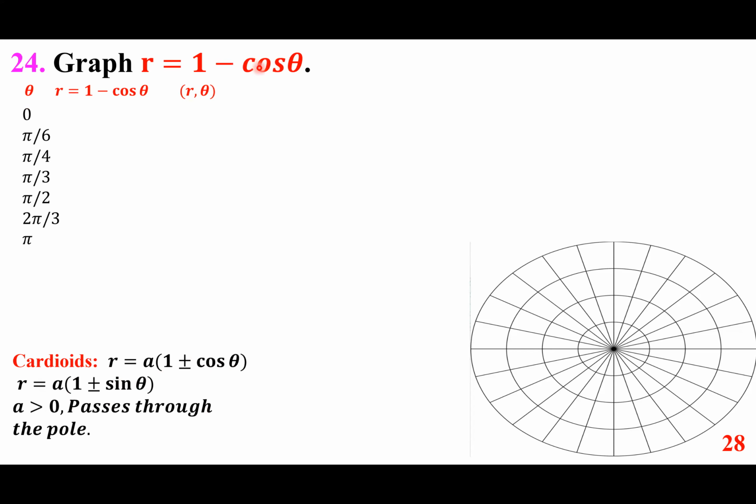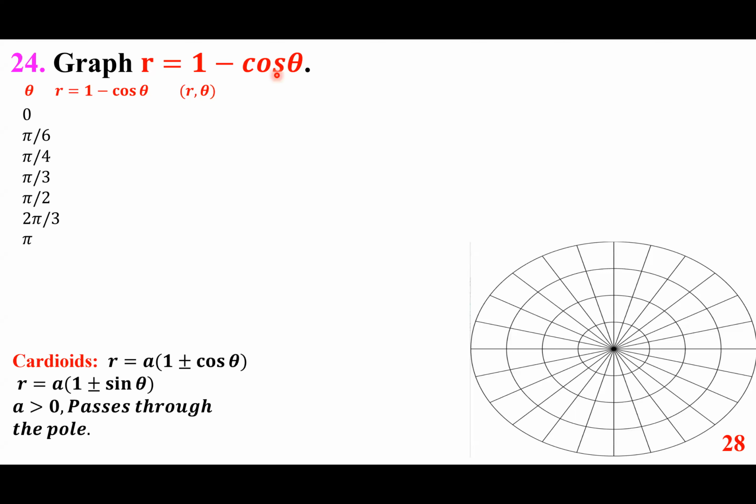cosine of 0 is 1, so 1 minus 1 becomes 0. Pi over 6: 1 minus cosine of pi over 6, 1 minus square root of 3 over 2. Pi over 4: 1 minus square root of 2 over 2. Pi over 3: 1 minus cosine of pi over 3, 1 minus 1 half, which gives me 1 half.